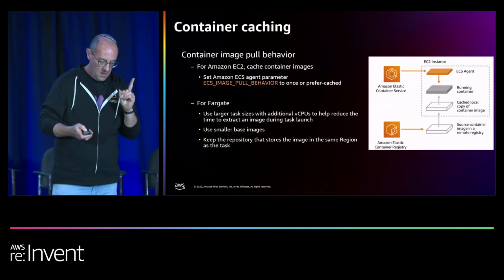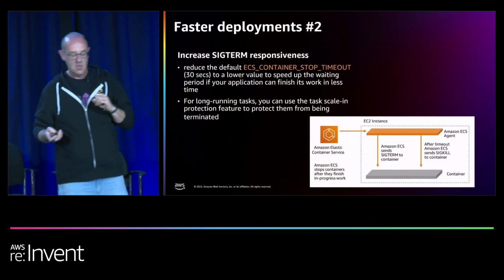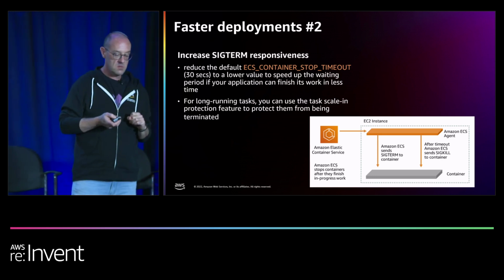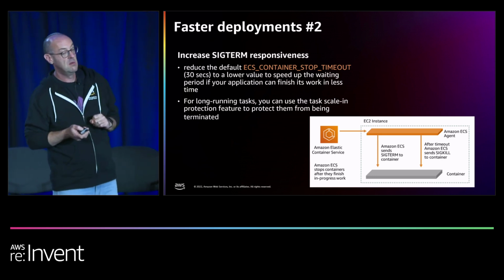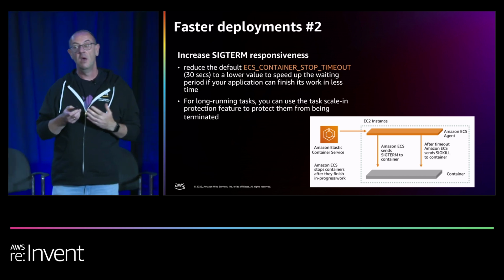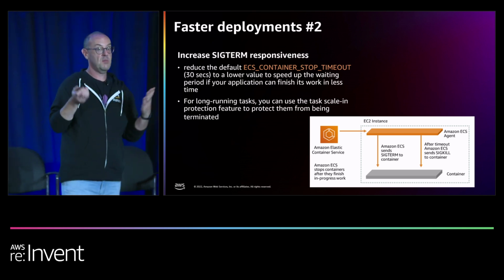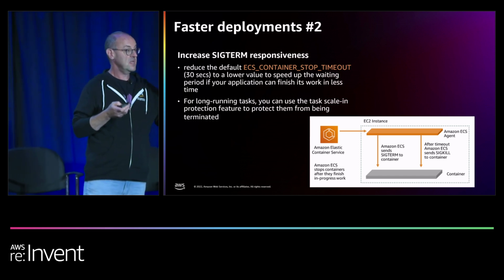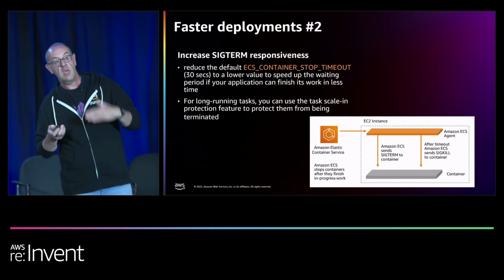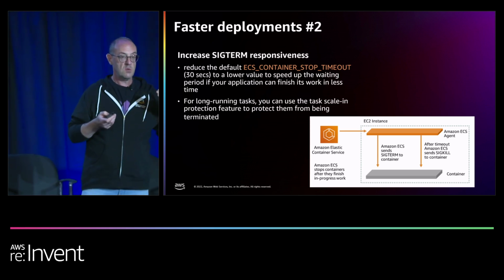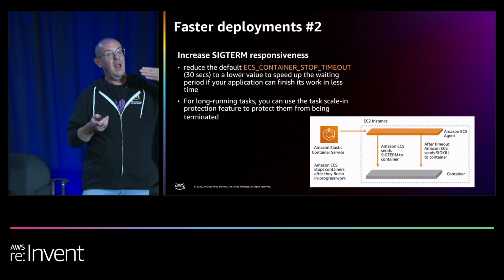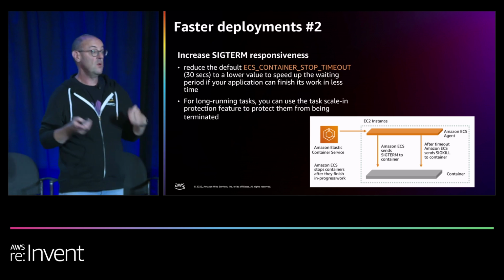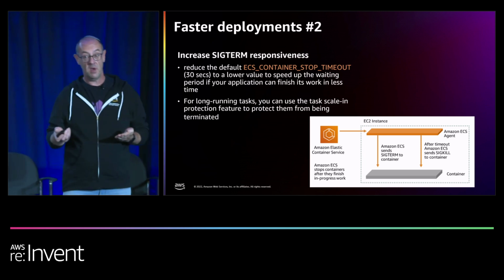There was one thing which I forgot to mention: you can also use a feature which we released not so long ago called task scale-in protection. If you have tasks running a job or some kind of workload that needs to ignore the SIGTERM or SIGKILL, you can incorporate this feature into your code so that it automatically lets the ECS API know that I'm busy doing work and do not shut me down, because if you do, I'm going to lose the processing I've done.